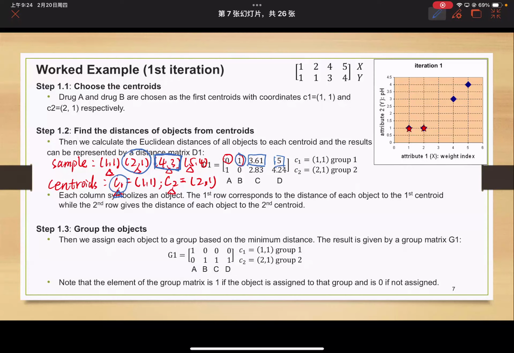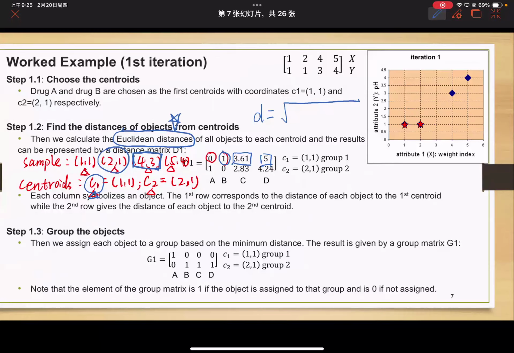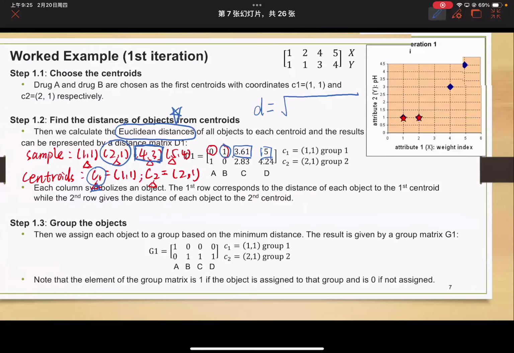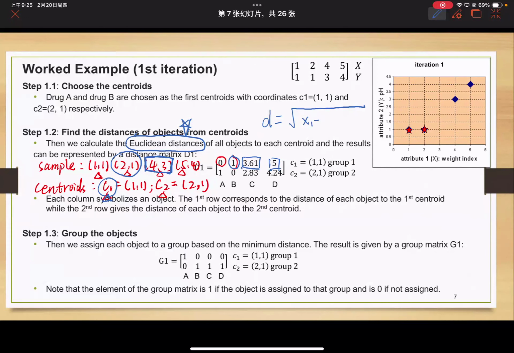And then how do we calculate the distance? I mean, you might have forgotten about this. So the distance is called the Euclidean distance, okay? The Euclidean distance is calculated by a formula like this: the square root of (X1 minus X2) squared plus (Y1 minus Y2) squared.